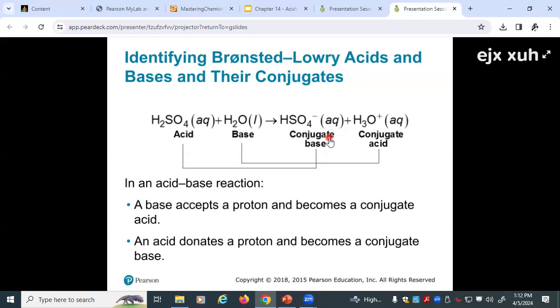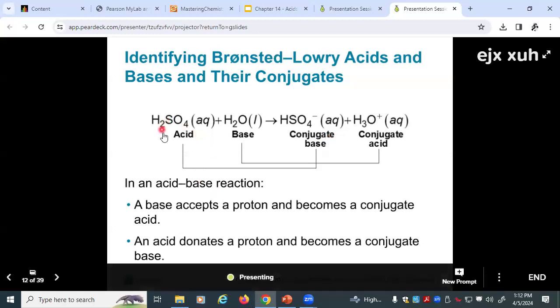So if I look at sulfuric acid, for example, H2SO4, H2SO4 acted as an acid in this reaction, gave a hydrogen to the water, and in the process became bisulfate, HSO4 -1, along with the hydronium ion, H3O+.